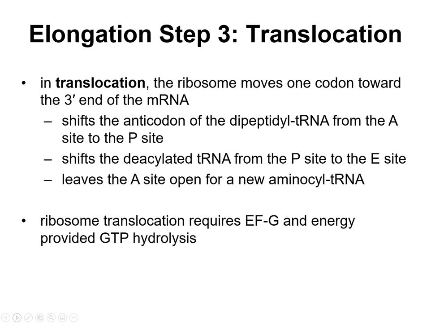The translocation of the ribosome requires elongation factor G, or EFG, and the energy that is provided by GTP hydrolysis. So you'll notice the trend that we have these elongation factors that are GTPases, and the hydrolysis of GTP is coupled with some kind of big event, whether it is the binding of the charged tRNA in the A site, or translocating the whole ribosome.